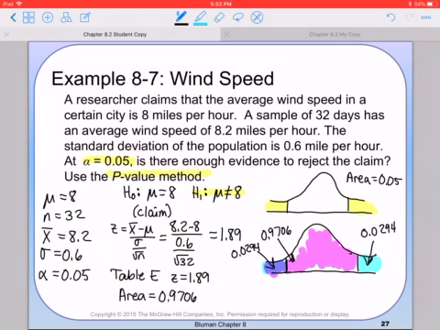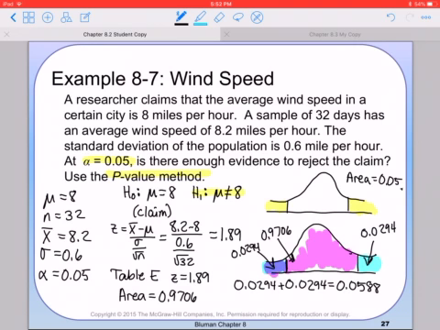Okay, so when we add the two blue areas up, 0.0294 plus 0.0294, we get 0.0588, and so that's the area for our blue region.